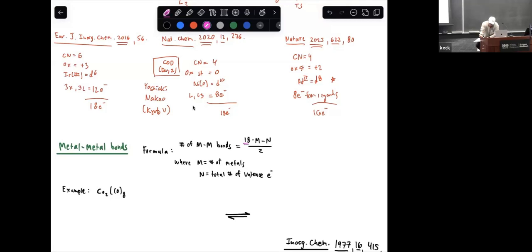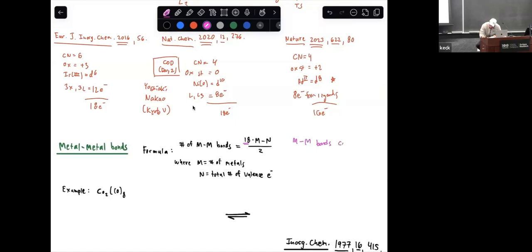Then it subtracts the total number of valence electrons, the electrons coming from the ligands, and divides by 2, assuming that the metal would like to find another metal to form stabilizing interactions. Again, it's fine to just memorize this formula, but it's better to understand where it comes from.